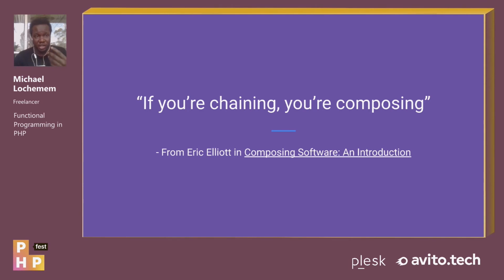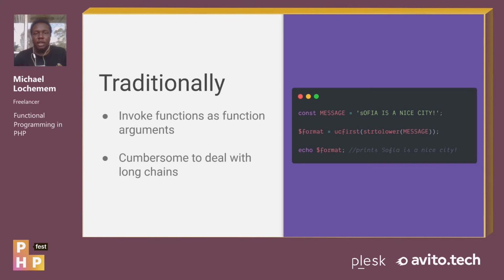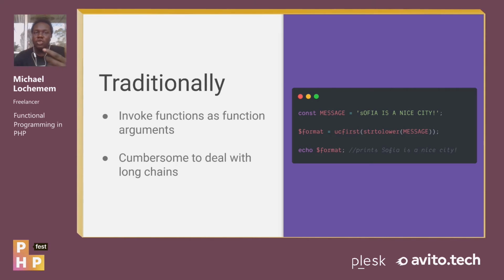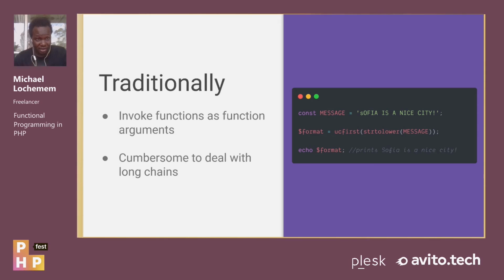So the moment you're chaining functions, you're composing them. So traditionally, you could do something like this, right? Where I can format a message that looks like that. Sofia is a city in Bulgaria, and so you could do this, and this is valid. This is absolutely valid, and this is still composition, right?